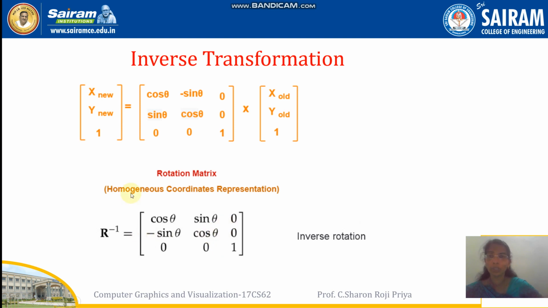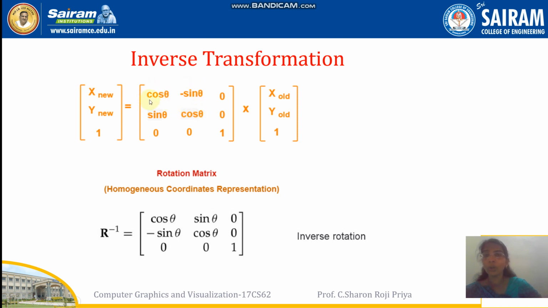Coming to rotation, this is the rotation matrix that we have learned already. Right, this rotation matrix I have written in homogeneous form. And now I have to find the inverse rotation matrix. For this, what I have to do is substitute minus theta everywhere.